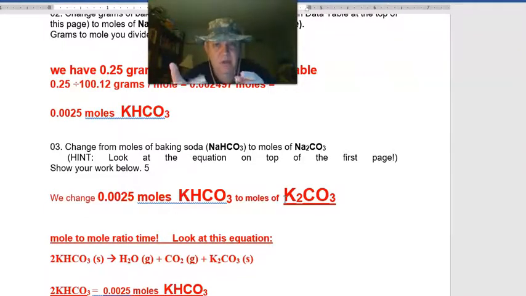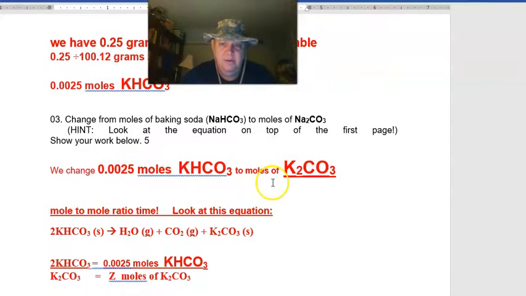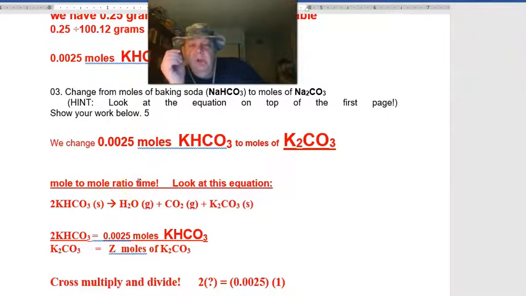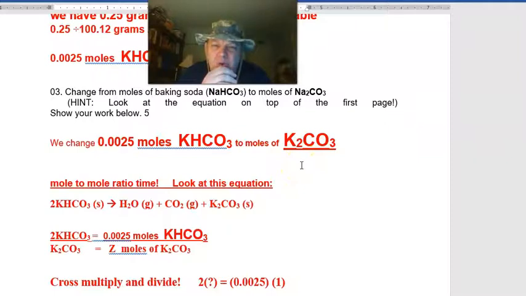Chill. Again, I got you covered. Okay. This is a mole-to-mole ratio time, okay? So we're going to look at moles of our KHCO3 to moles of K2CO3. What are we interested in? The moles of K2CO3.